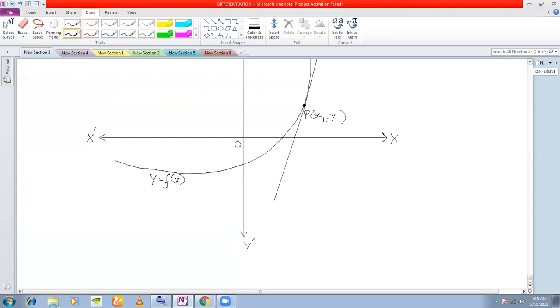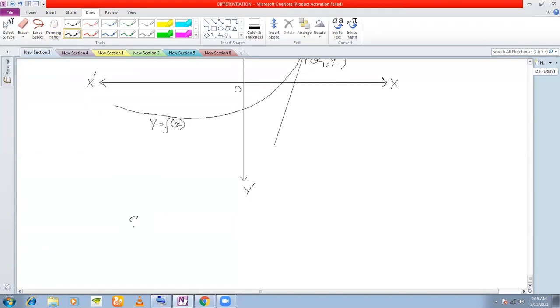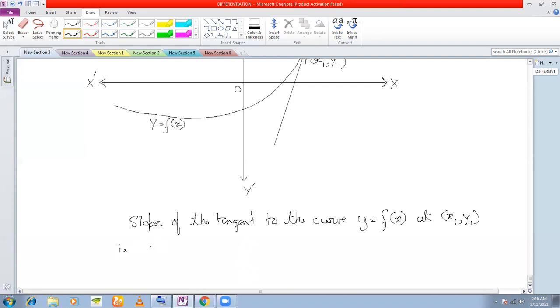Then the slope of this tangent, of this straight line, remember this result: the slope of the tangent to the curve y is equal to f(x) at the point (x1, y1) is dy/dx, equal to f dash x.